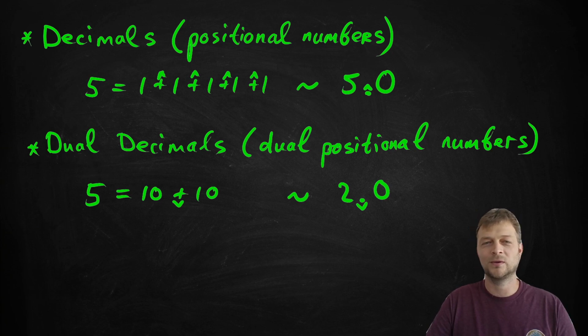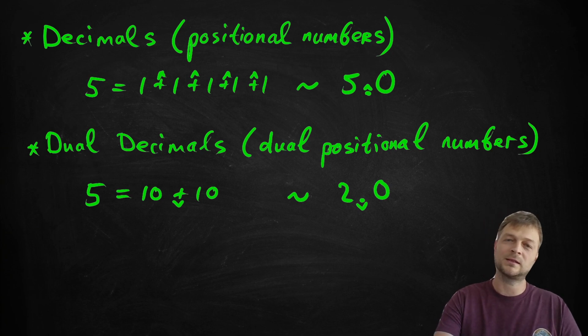When it comes to dual decimals, I found that the key concept, the key moment to comprehend here is that 5 consists of 2 tens. So that's not 10 consists of 2 5s, it's 5 consists of 2 tens. This is why the dual decimal for 5 will be 2.0.